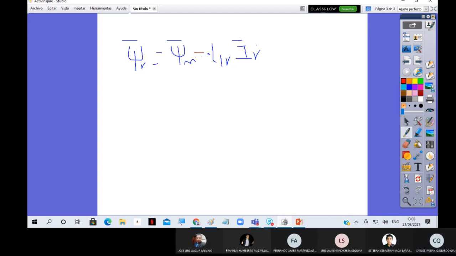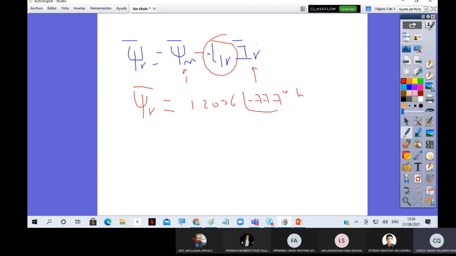We have already computed this bar and this is data from the problem. So the rotor flux is equal to 1.2096. The angle is negative 77.7 degrees.